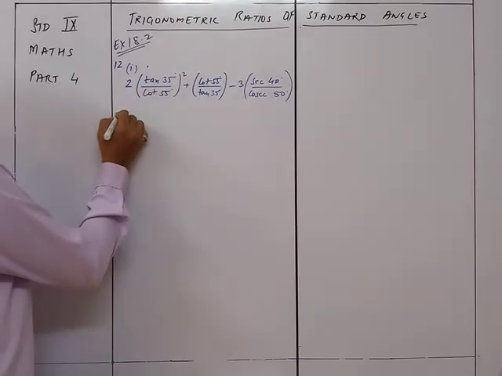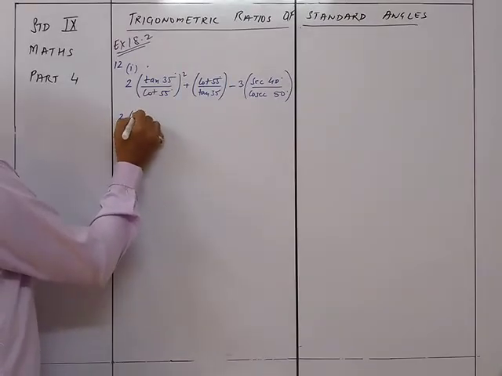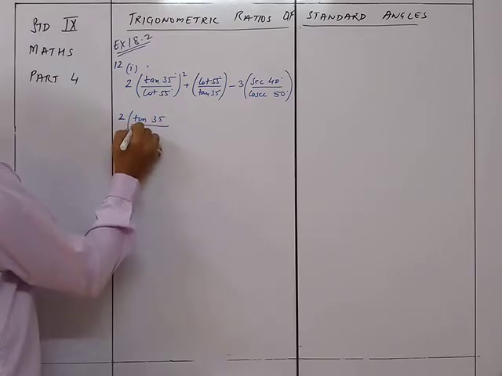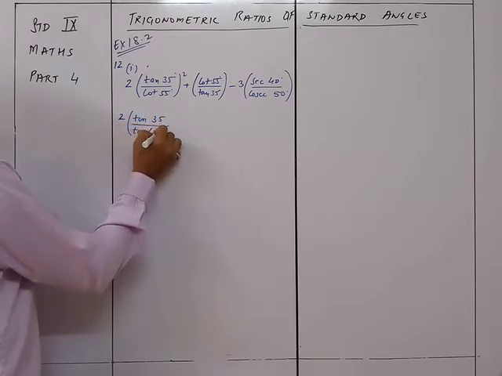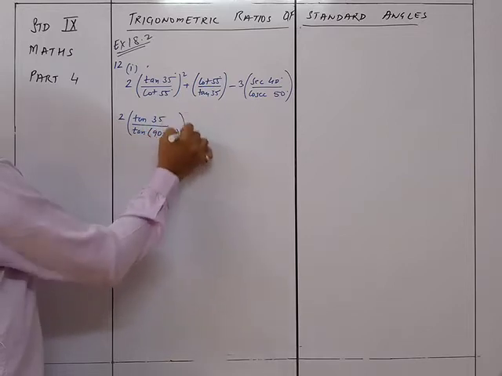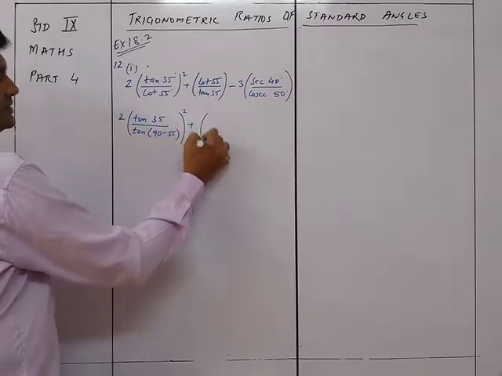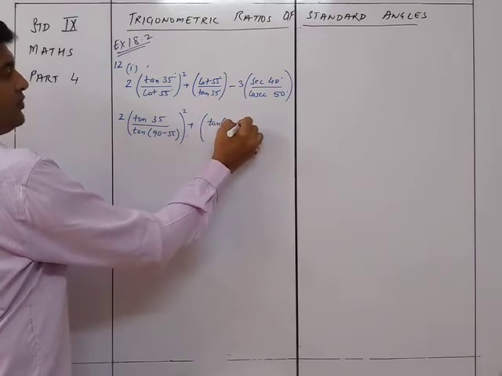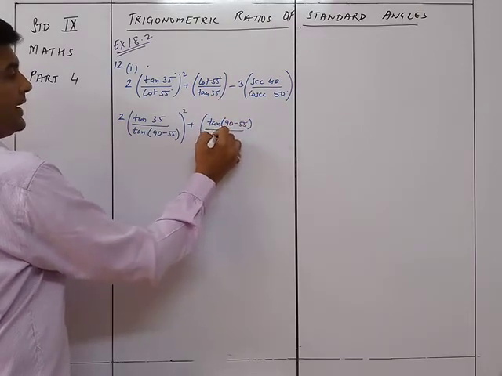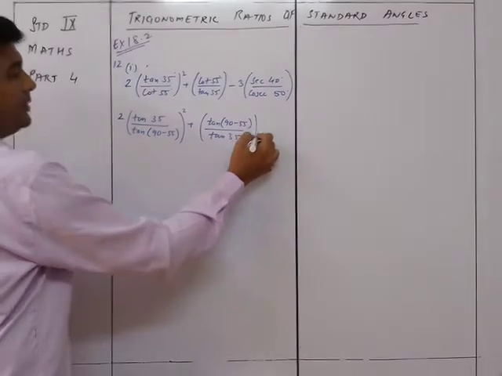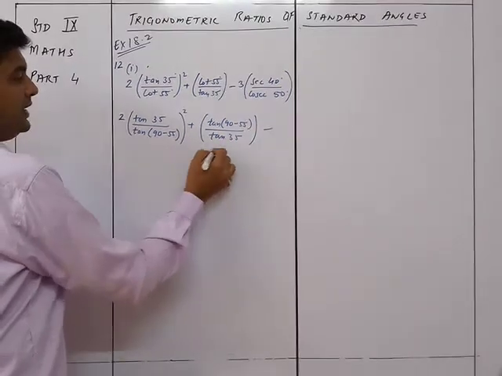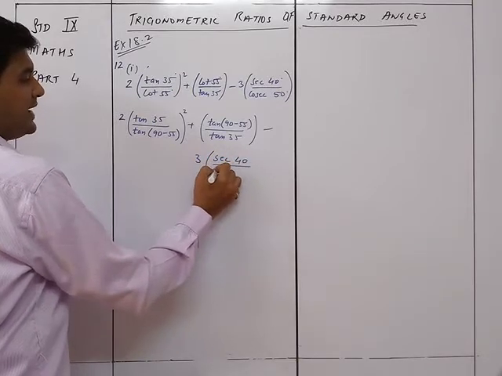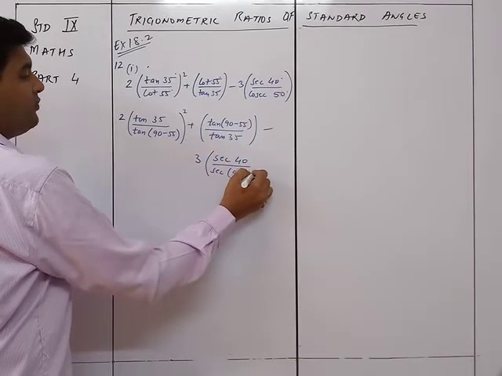So the first thing is 2 tan 35 upon tan 90 minus 55 the whole square plus tan 90 minus 55 upon tan 35 minus 3 into sec 40 upon sec 90 minus 50.